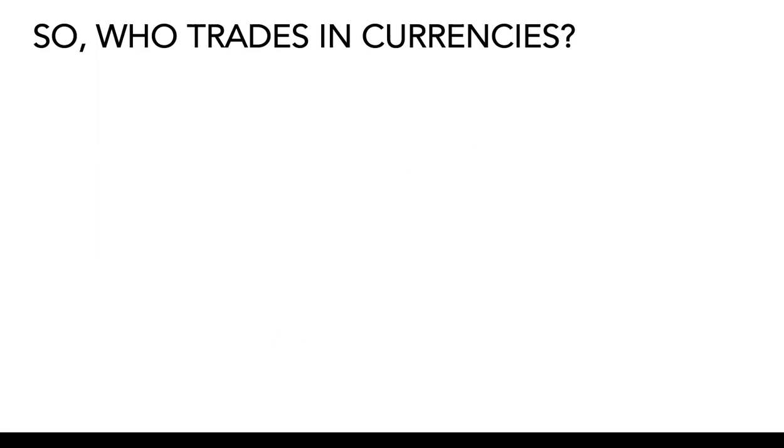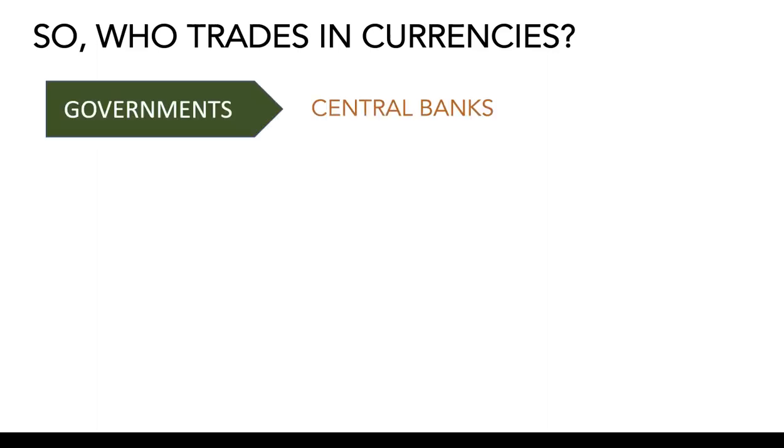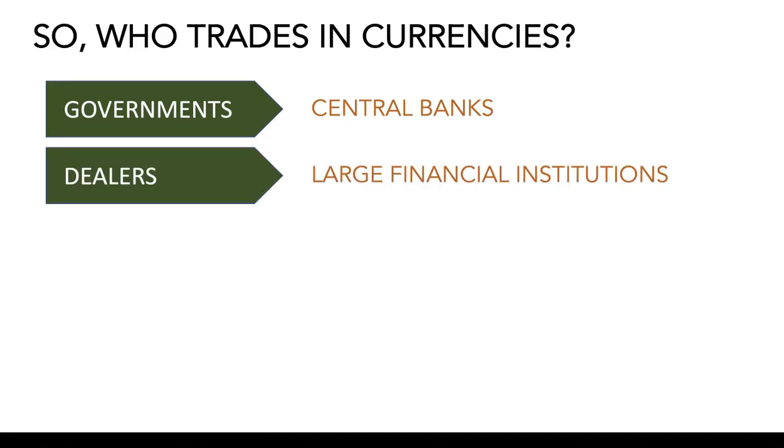So now that we know Forex markets are the biggest market in the world, who trades in Forex markets? First, governments. Central banks or other government entities may trade currencies to try to influence the price of their home country's currency or to smooth out bumps in its price changes. Second, dealers.